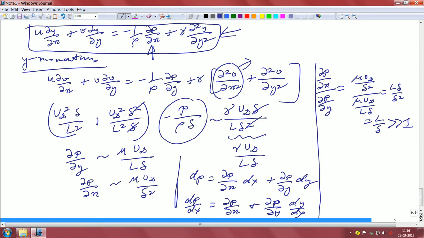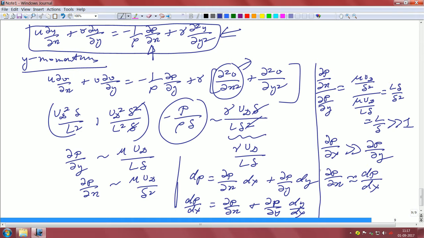Or in other words, dp by dx is much greater than dp by dy. Or in other words, your dp by dx can be written like the ordinary differential of pressure. Got it? Okay, fine.